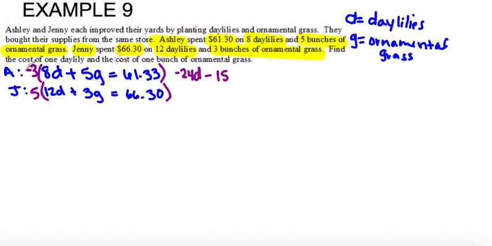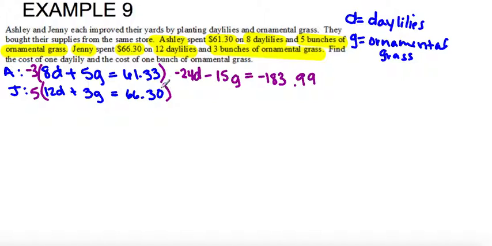And -3 times 5 is -15G equals, and then we have -3 times 61.33, which comes out to -183.99.